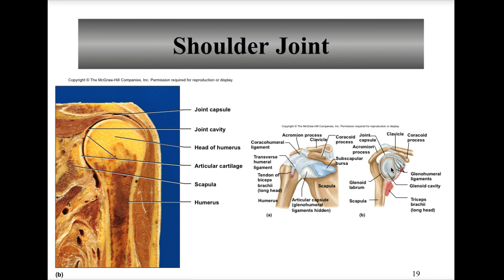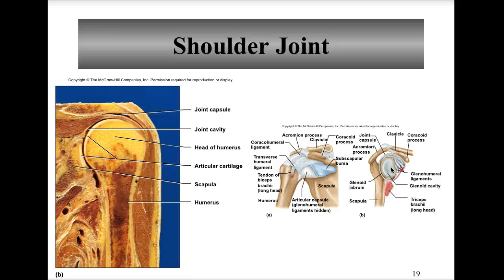The ball and socket of the shoulder joint is surrounded by many reinforcing ligaments and tendons, collectively called the rotator cuff. You've probably heard that, common in pitchers, you could get a tear in the rotator cuff. If you read on page 280 in your textbook, it talks about rotator cuff injury, so take a look at that and read over it.